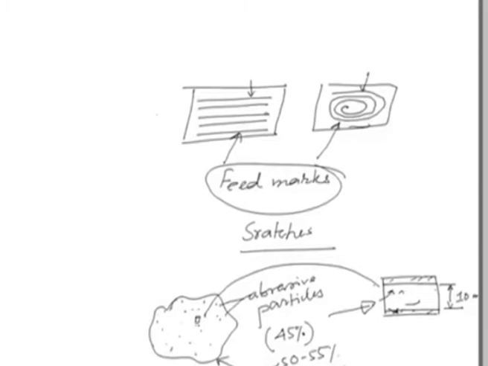will scratch this surface, which will plastically deform, and at times they will remove some of the material in the form of tiny chips here, and in the process this surface will get machined or finished.